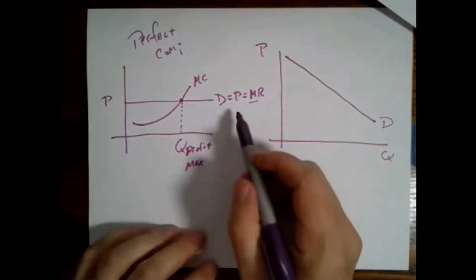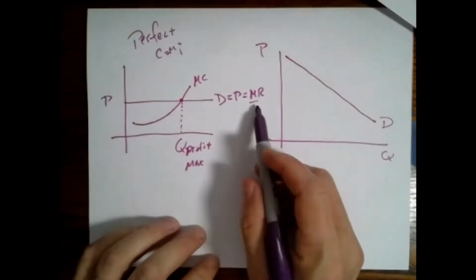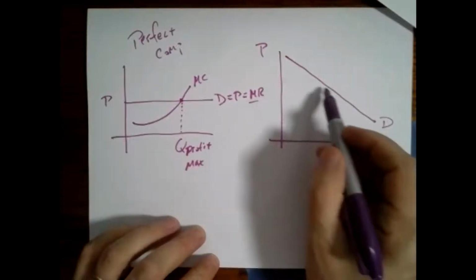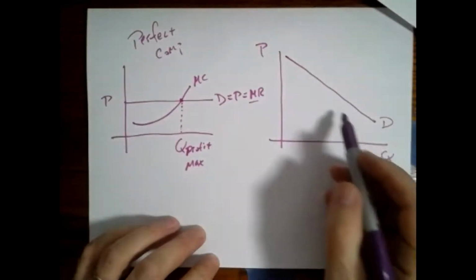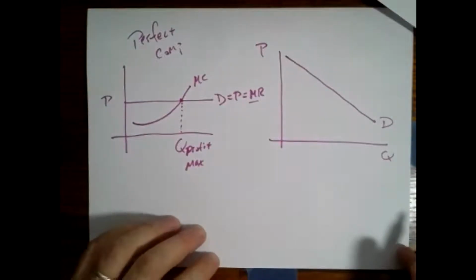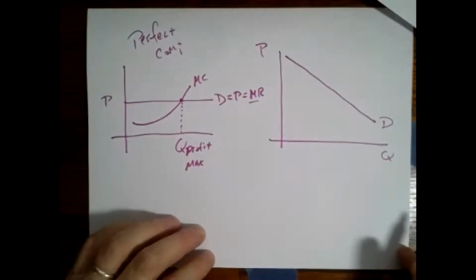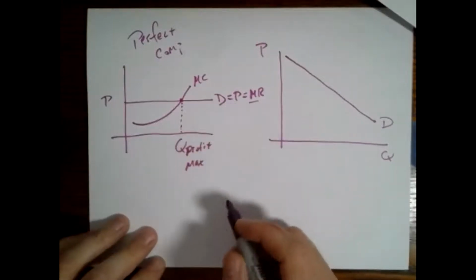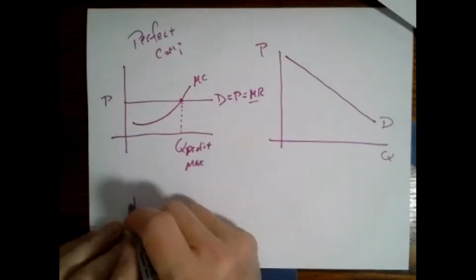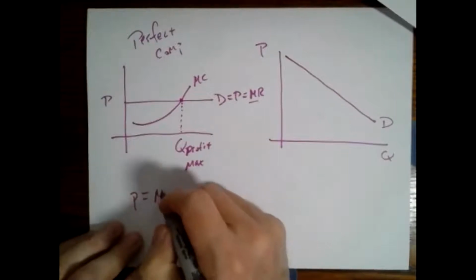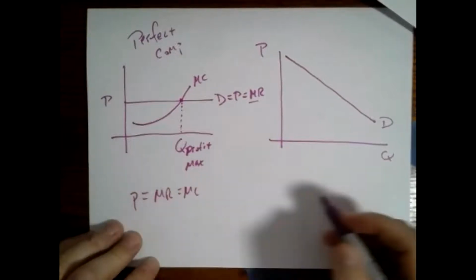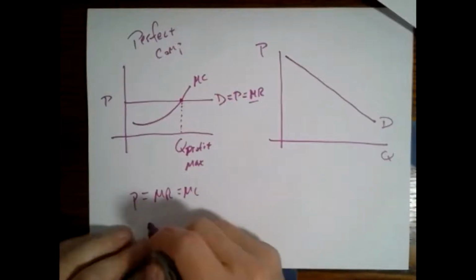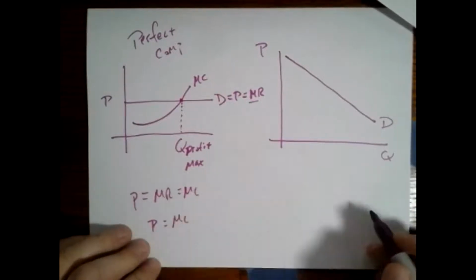And it's not now true that demand equals price equals marginal revenue, right? Price happens all along the curve, different prices for different quantities. Whereas in the perfectly competitive environment, price equals marginal revenue equals marginal cost, and therefore price is equal to marginal cost.